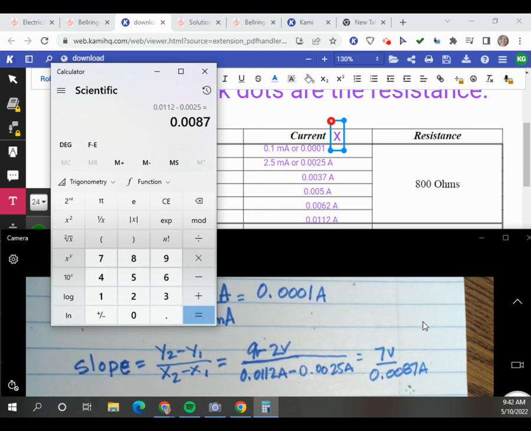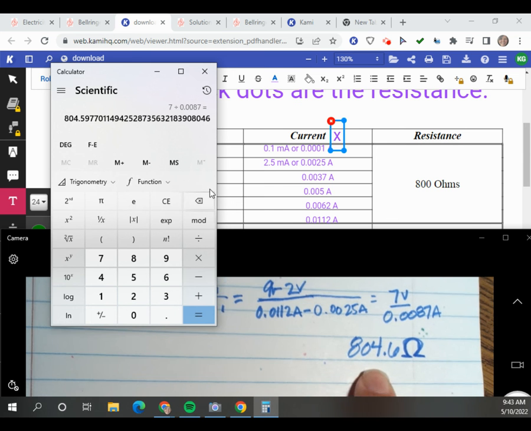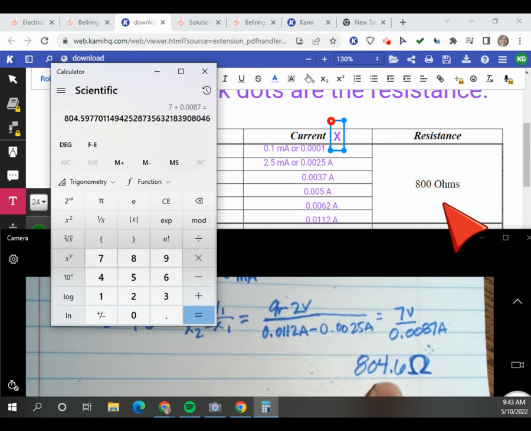Okay, so we still have a little bit more math to do. Let's go ahead with that. 7 divided by 0.0087 equals, look what we did, math magic. Our answer is 804.6, and volts over amps is ohms. So what we did was we calculated the resistance.